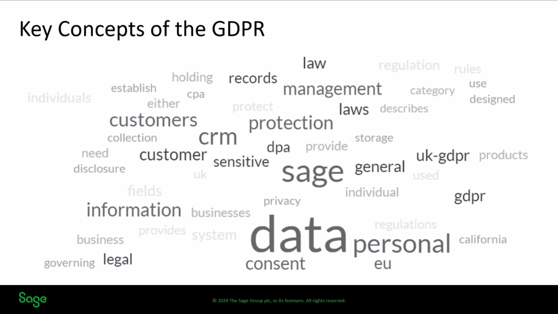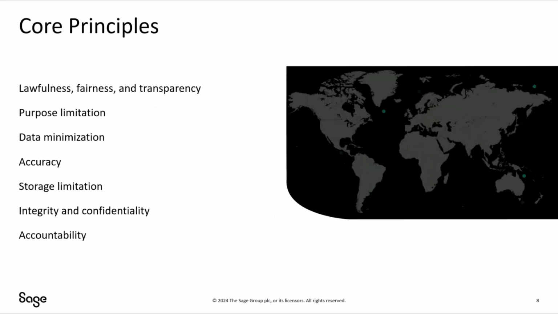The GDPR has some very important key concepts to do with processing. These core principles are that there should be lawfulness, fairness, and transparency, so that the data processing must be lawful, fair, and transparent to the data subject.